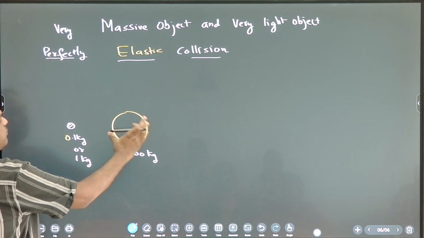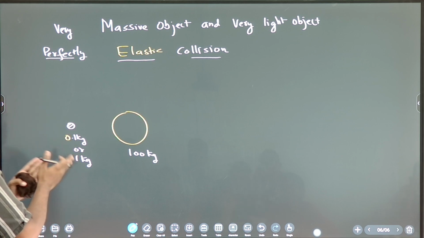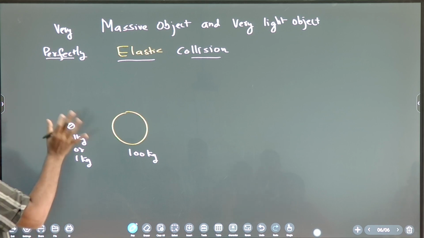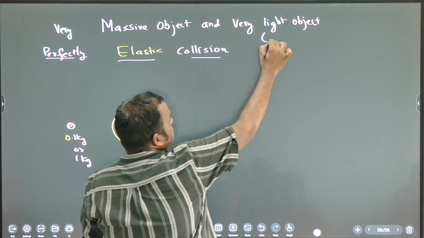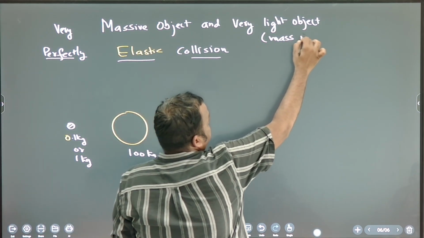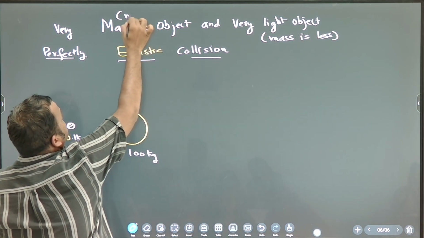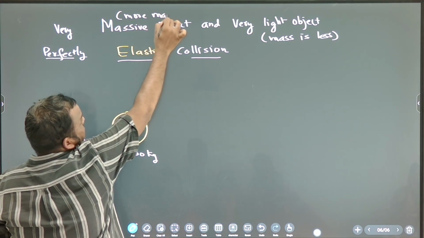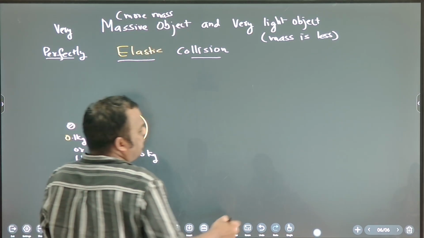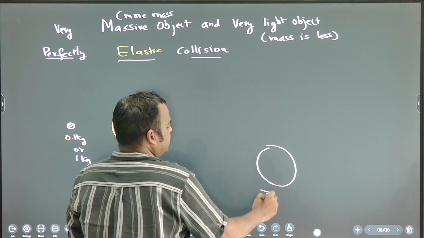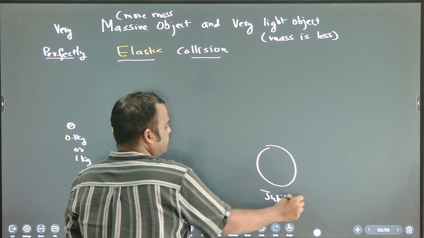So when a heavy object collides with a light object, light object means mass is less, and massive object means more mass. Like planet Jupiter is very massive.